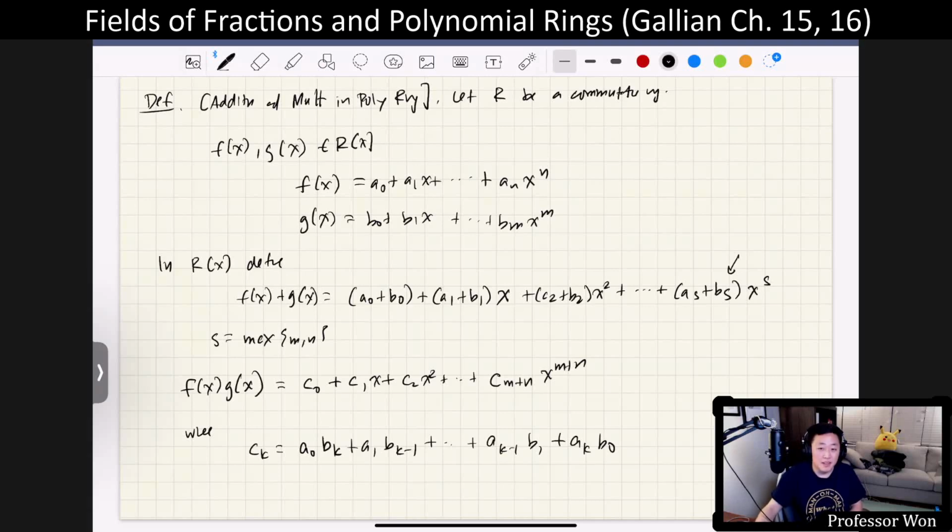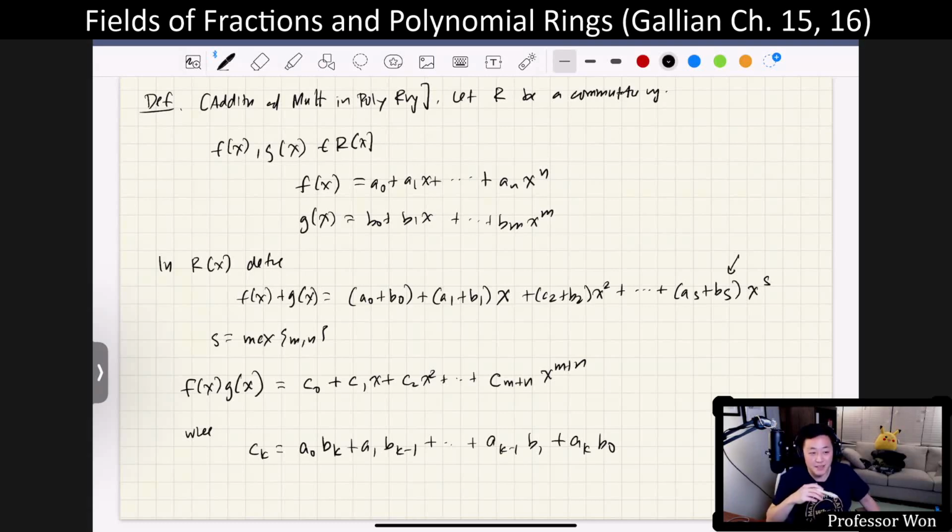Okay, let me just note here that we haven't checked that multiplication distributes over addition. We haven't checked a lot of things actually, but first of all, it's easy to see that addition of polynomials and multiplication of polynomials is commutative, because we're assuming that R is a commutative ring, and therefore the addition of the coefficients is commutative, and the multiplication of the coefficients and the addition thereof is also commutative.